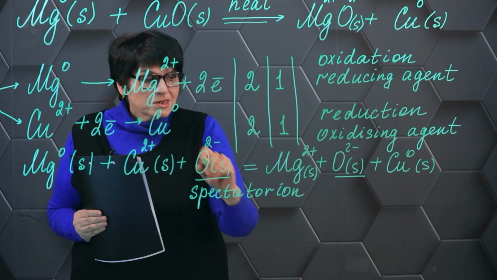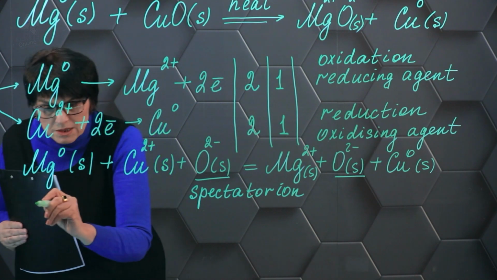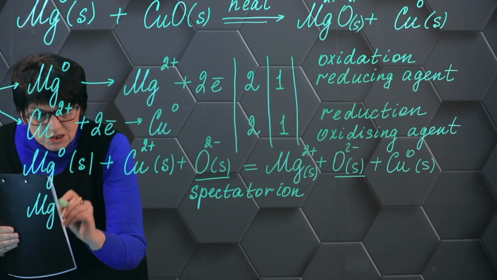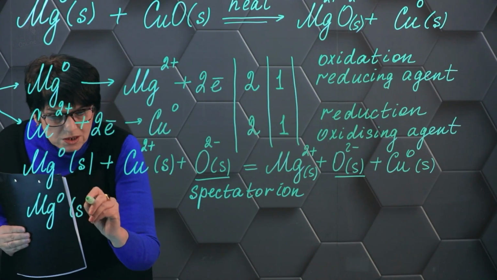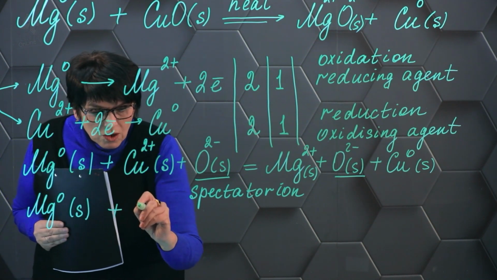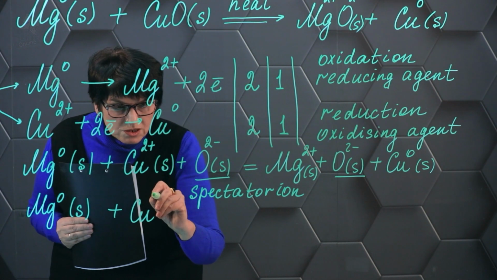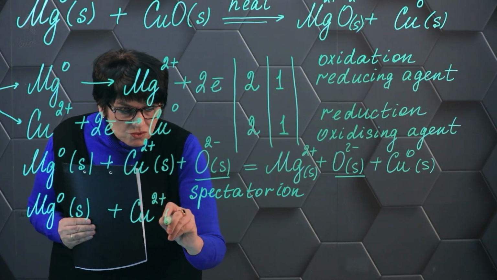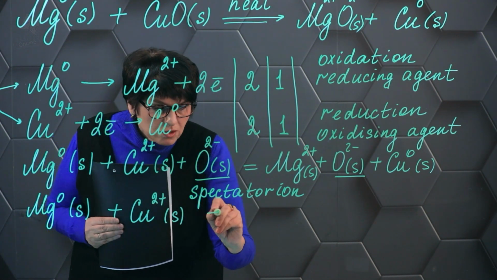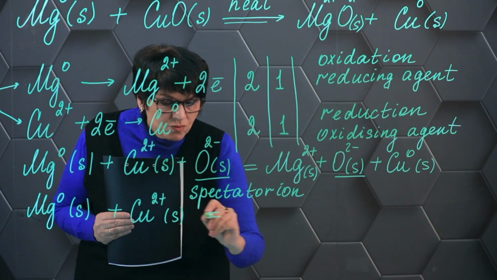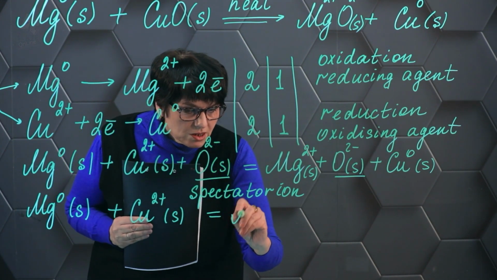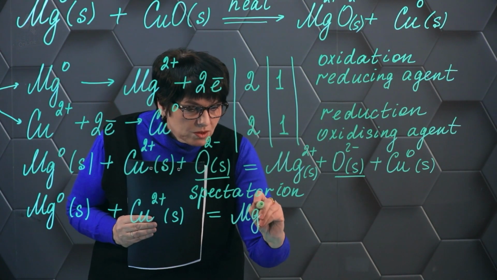Eventually, if we proceed in this manner, our equation will ultimately be simplified. The equation represents the reaction between solid magnesium, which has no charge, and copper 2+ ion. The result of this reaction yields magnesium ions with a charge of 2+.